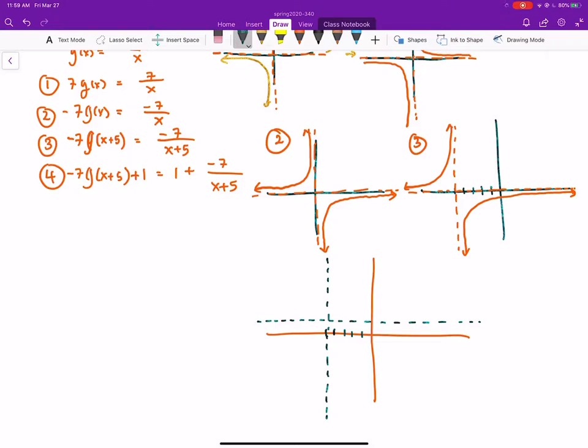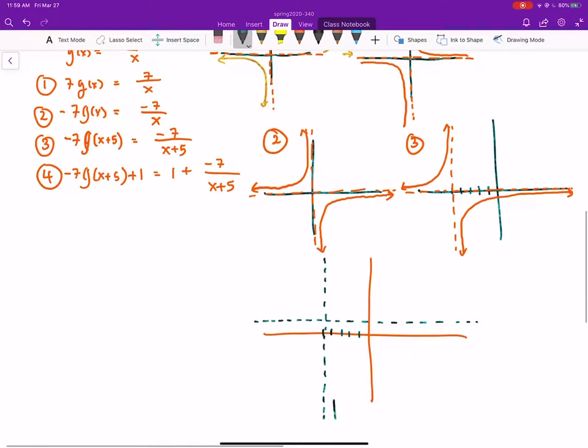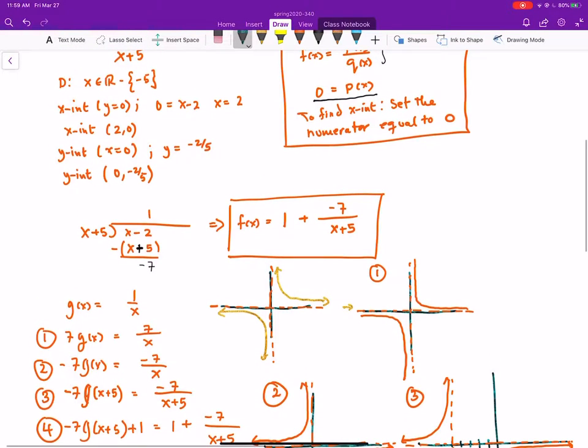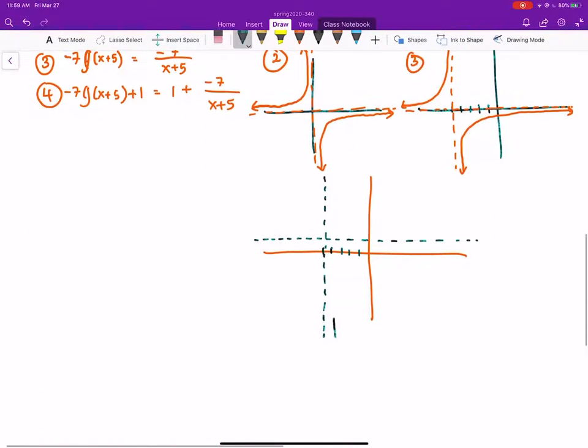And so now we have the graph that looks like this. It passes through 2, 0, and let's say this is 1, 2. Then I have this point and this point that it has to pass through. I have that graph, and then I have this graph. So this is number 4.